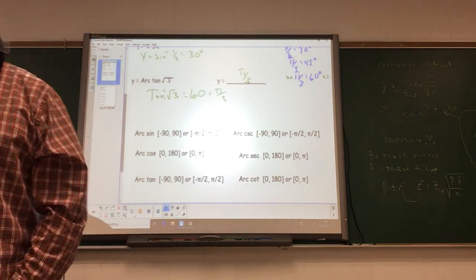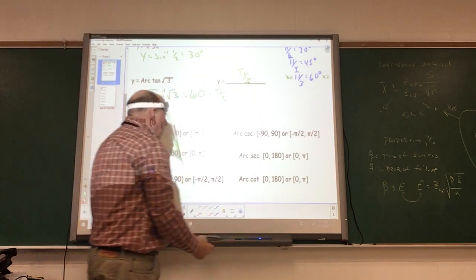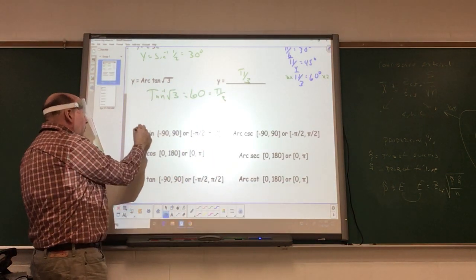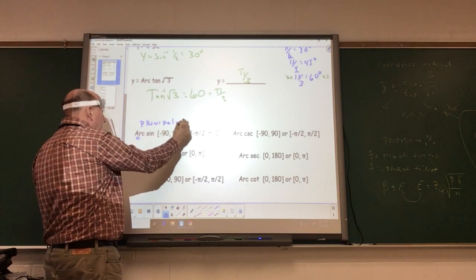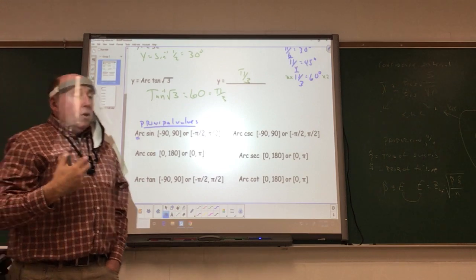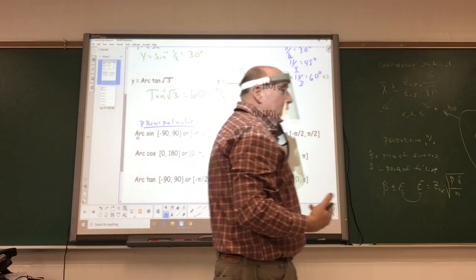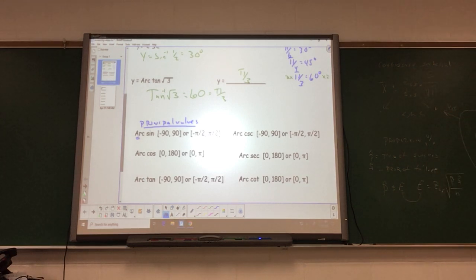your calculator, or if we deal with inverse trig functions, and I take a look at the principal values, no matter what, if I take the inverse sine of any decimal, positive or negative, I'm going to be in between negative 90 and 90 degrees.